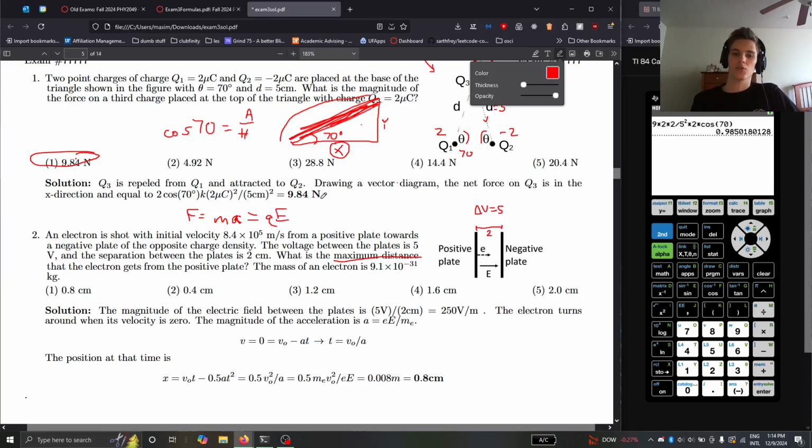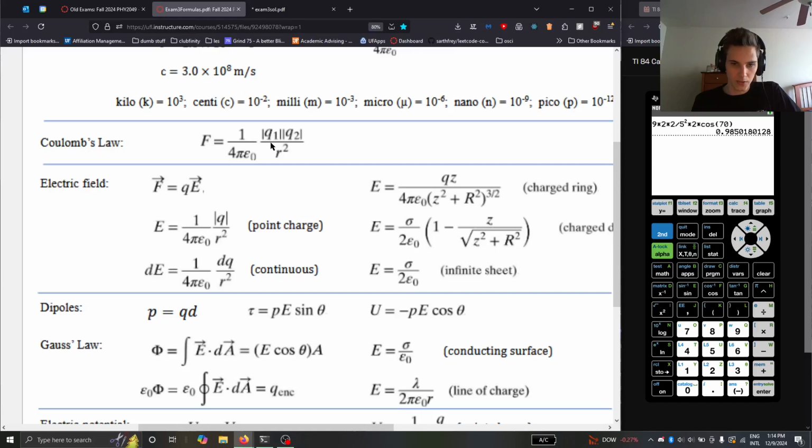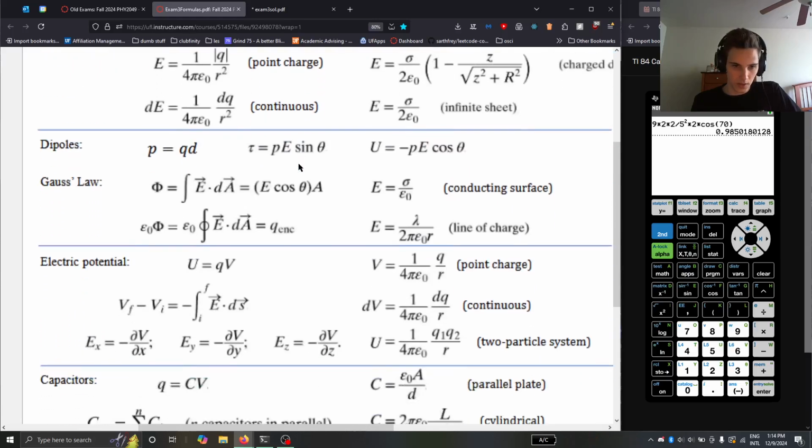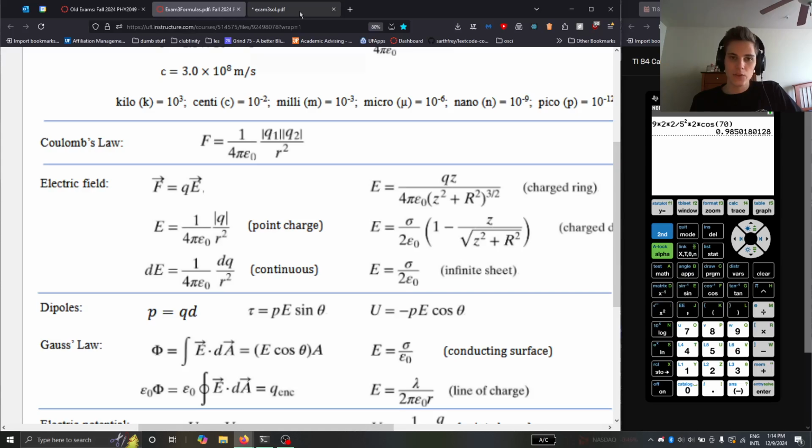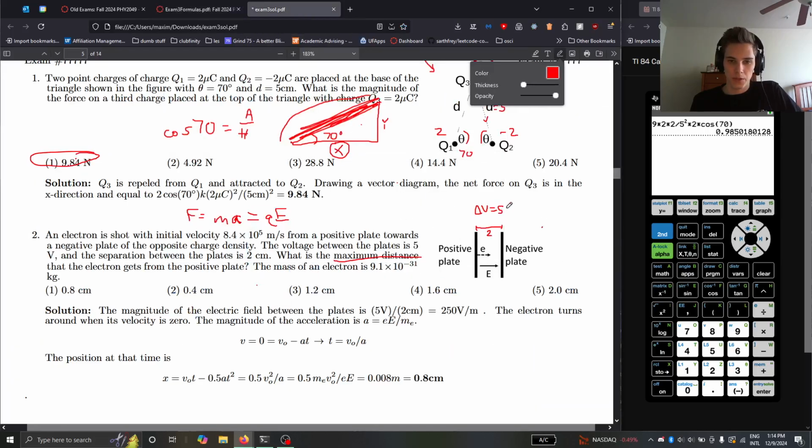Again, we do not have this electric field. However, I don't know if this is on the formula sheet. I don't think so. The electric field is just a ratio between the difference in potential and the distance between them, right? The total potential divided by that distance is that field.